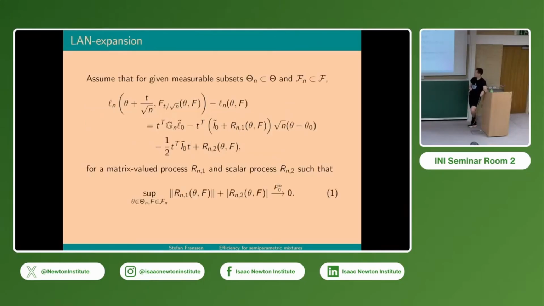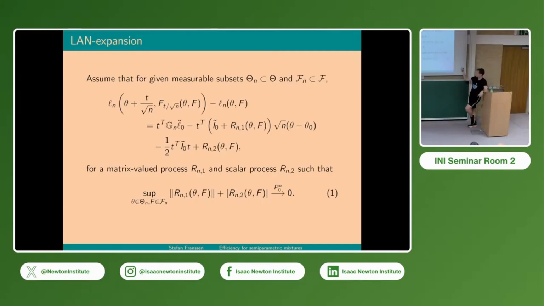We can look at efficiency. So this is where stuff becomes technical. I will not go too much into the detail, but like the linear expansion is more or less, we just take the first few derivatives and we want to have that this has some nice uniform control in a neighborhood around the truth.